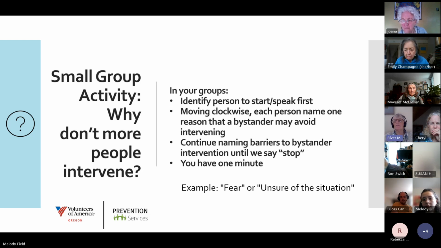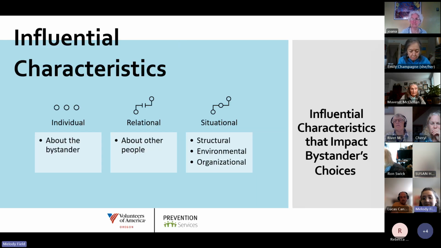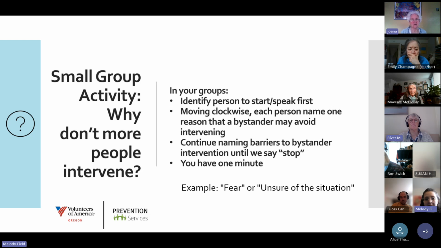Physical fear. Fear I'd do the wrong thing. Will my actions cause more harm to the person I'm trying to protect? Is my intervention welcomed? I'm seeing physical size, being afraid of getting hurt physically.